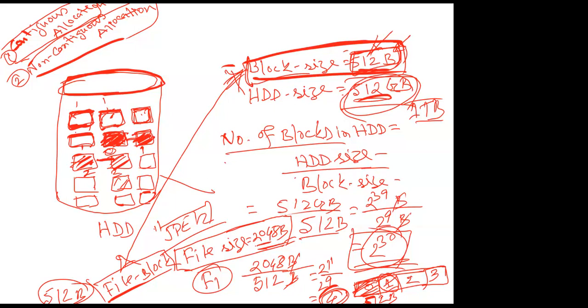A single file contains some blocks. When you store this file inside the hard disk, if the file's blocks are located in adjacent locations in the hard disk, then we say it is contiguous allocation.